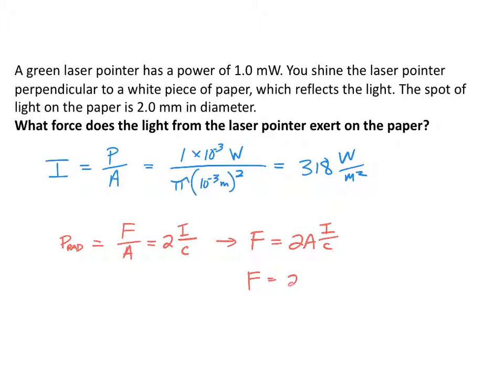So 2 times pi times 10 to the minus 3 meters squared, just like we did before, and 318 watts per meter squared, over 3 times 10 to the 8 meters per second.